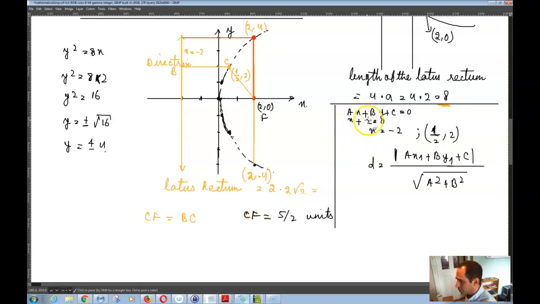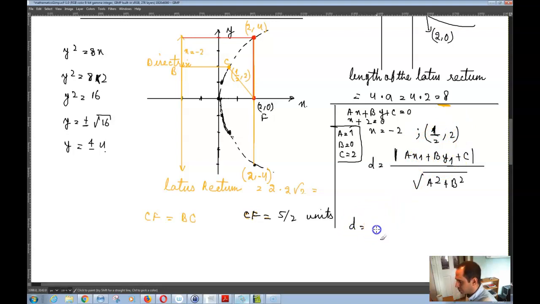So your a is equal to 1, your b is equal to 0, your c is equal to 2. Those are the values you need to put here, because your y is simply absent, meaning the coefficient is 0, and your c is positive 2. And x1, y1 are these 2 point coordinates.